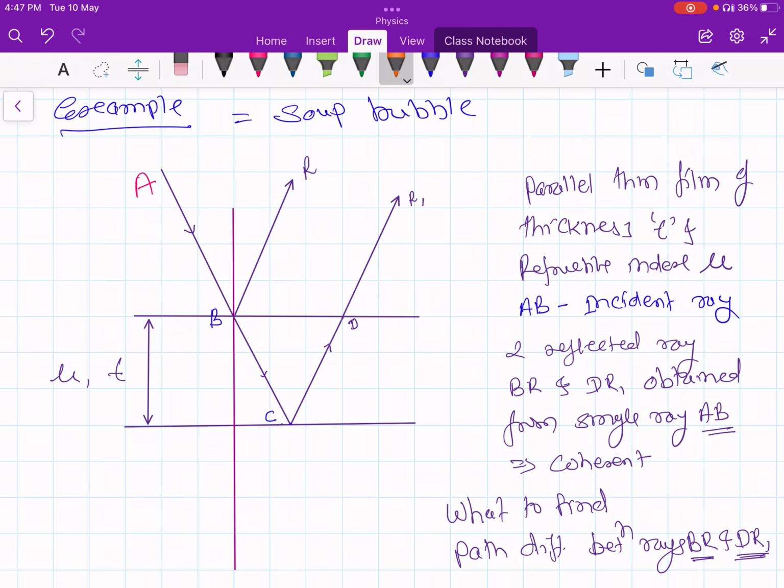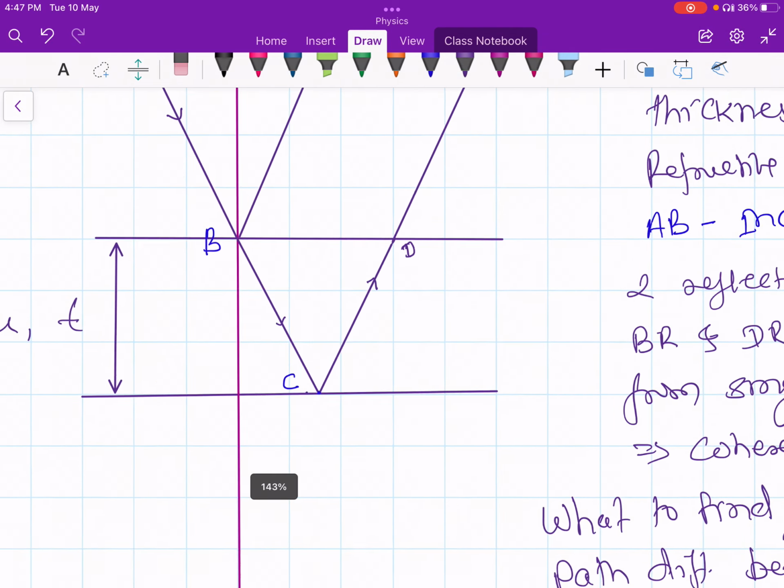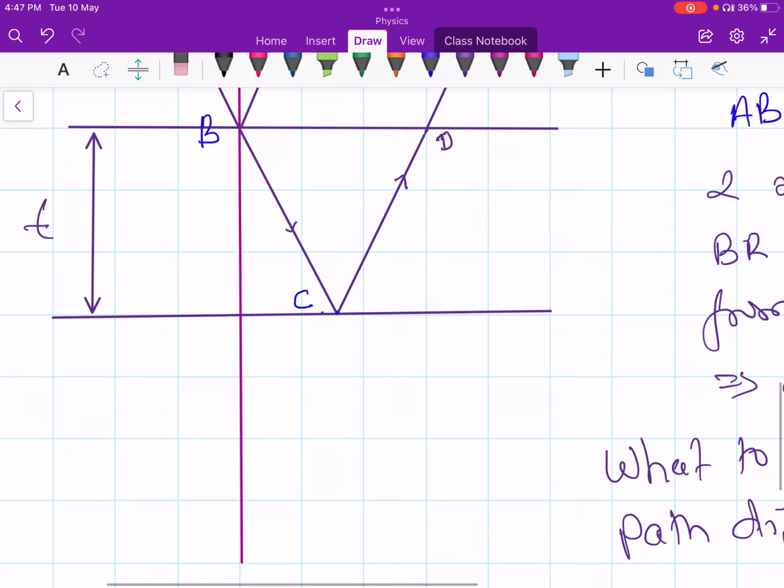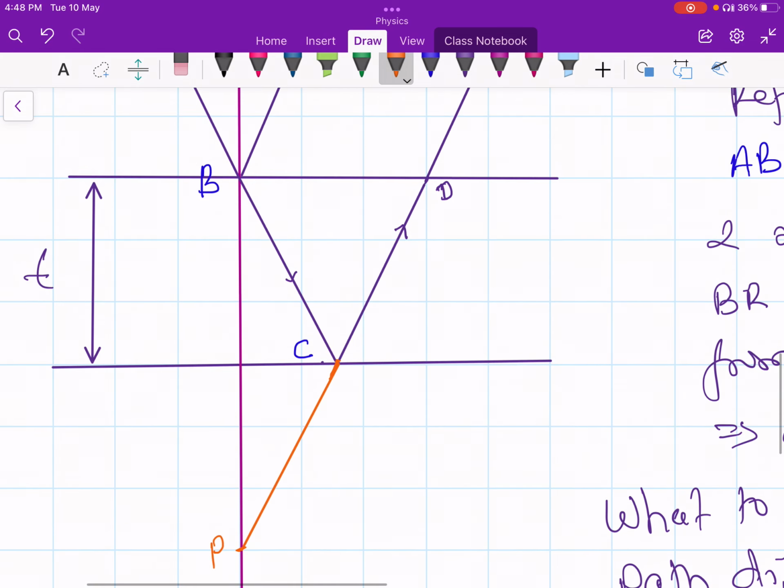In order to find this path difference, I am going to extend this CD in the backward direction so that it will meet this normal.